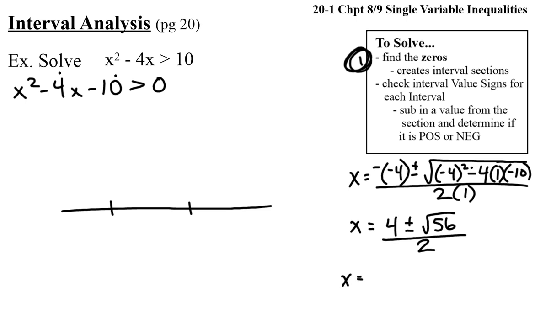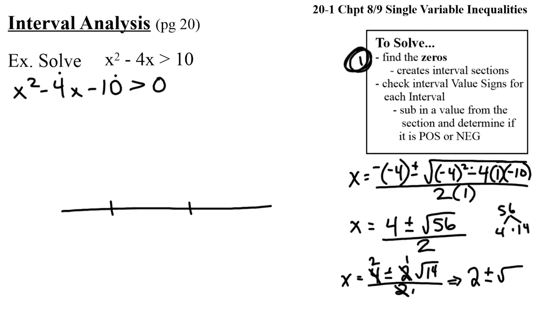Our 56 could be split into 4 times 14, so the 4 will root out. So we could have 4 plus or minus 2 root 14 over 2, which becomes, 2 will cancel with all of these and leave us with 2 plus or minus root 14.